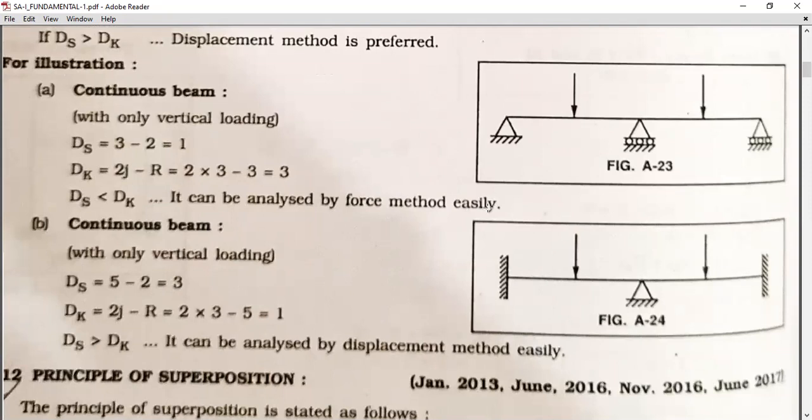To the load, we find ds equal to 5 minus 2, which is equal to 3. dk is equal to 2j minus r, where j, the joints, is equal to 3, and r is equal to 5. We have ds greater than dk, so it can be analyzed easily by the displacement method.